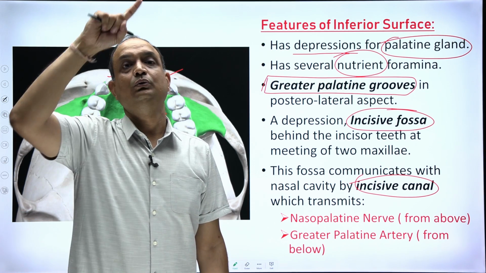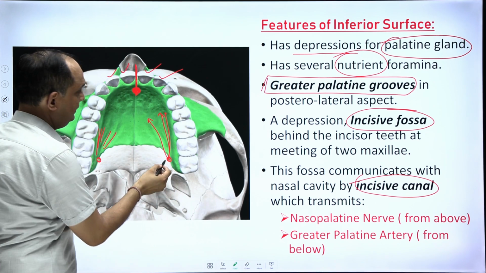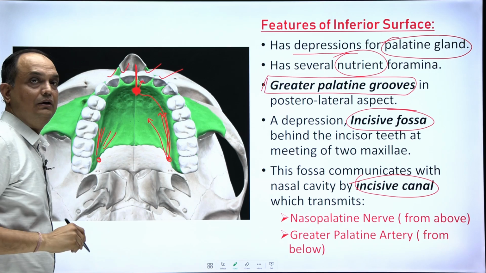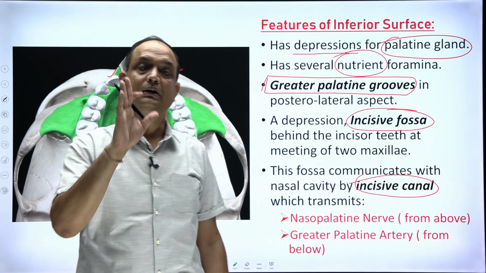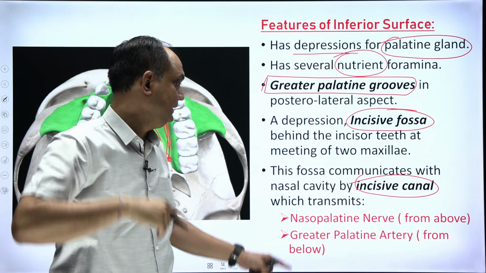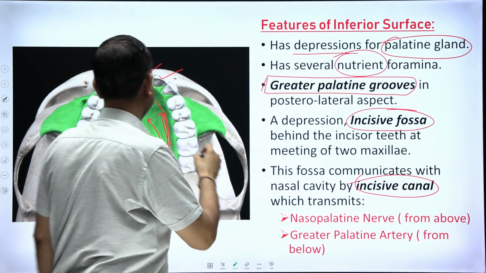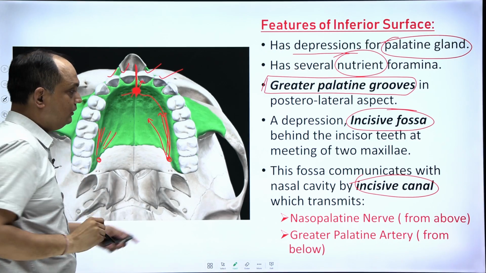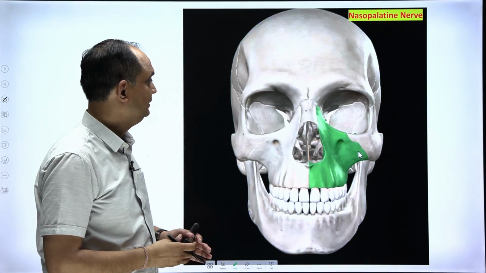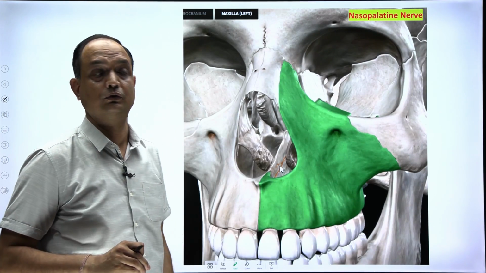From the oral cavity to the nose you will have the greater palatine artery. This artery passes through the lateral incisive canals to enter the nasal cavity. In the same way, from above, the nasopalatine nerve comes from the nose and enters this area. How the nasopalatine nerve comes, you can see in this video: it arises in the pterygopalatine fossa.